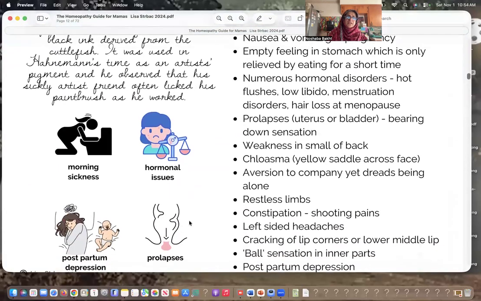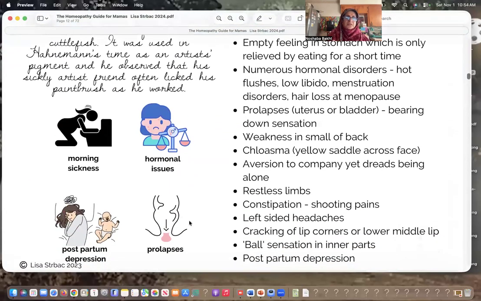Sisters, this is a very useful remedy for postpartum depression, PPD. There are other remedies also, but these women, people will say, oh, look at this woman. She doesn't even care, because she's not well.